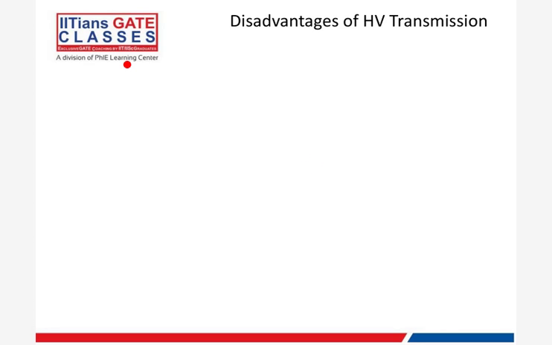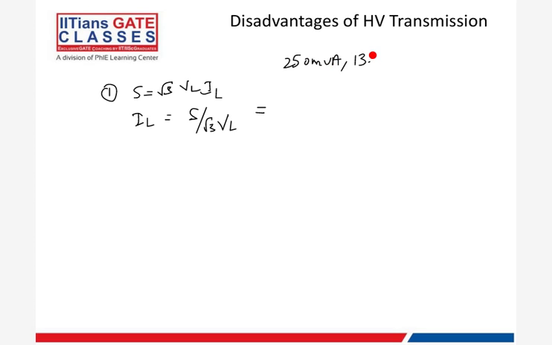So the first reason: let's look at what S is. S is root 3 VL IL, right? So the current will be S divided by root 3 VL. Suppose we are transmitting 250 MVA power at 13.2 kV, which is also a voltage level that we use, or say even 11 kV, basically anything less than 66 kV.